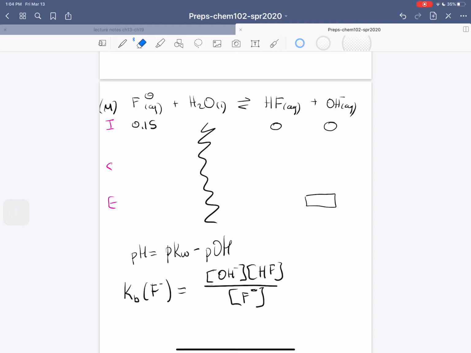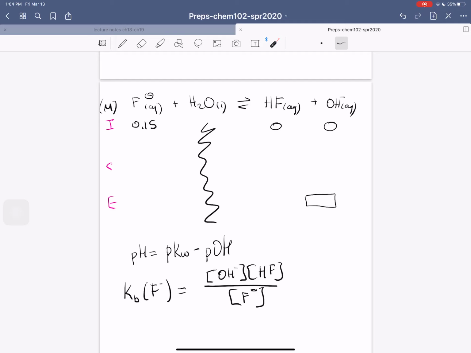So if I know the value of the Kb, I will set up the expressions for the equilibrium concentrations, and I will solve for X. I will find the equilibrium concentration of OH minus, so everything will be fine.